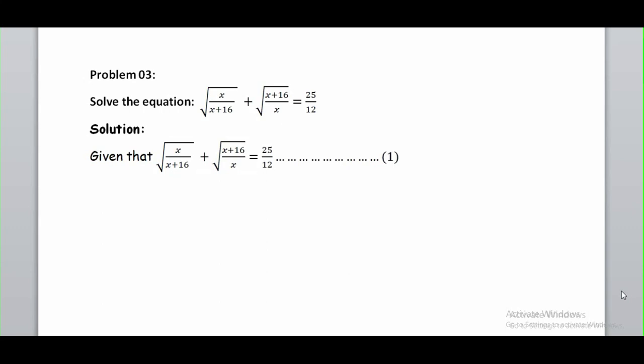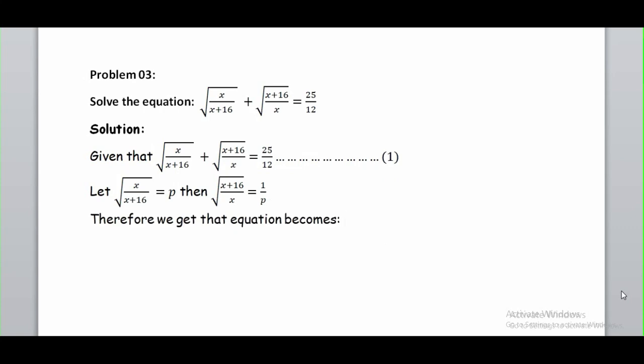So the same expression comes with its inverse at the second term. So root over x by x plus 16 equal to p. P is the new variable here. Now at the second expression we will get root over x plus 16 by x, which is equal to 1 by p.